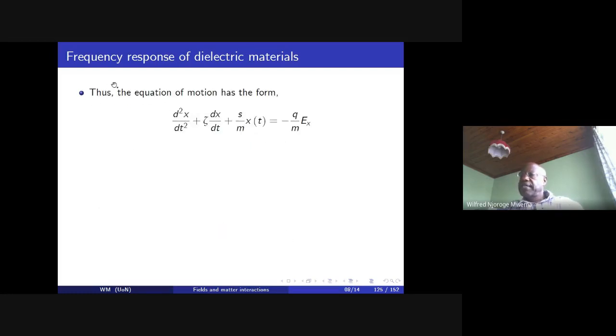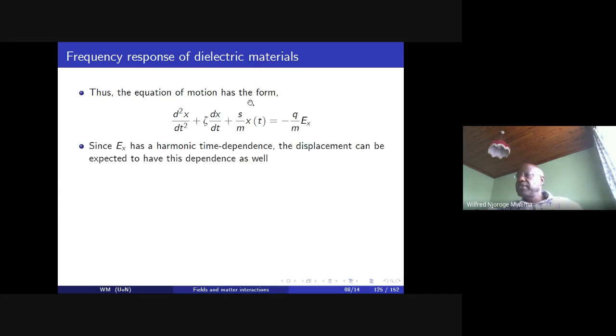Thus, the equation of motion may be expressed, by Newton's second law, as mass times acceleration plus the frictional force plus the restoring force, which must be equal to the applied force. Here, we have divided that by m, and therefore we can get S by m equal to that value there.